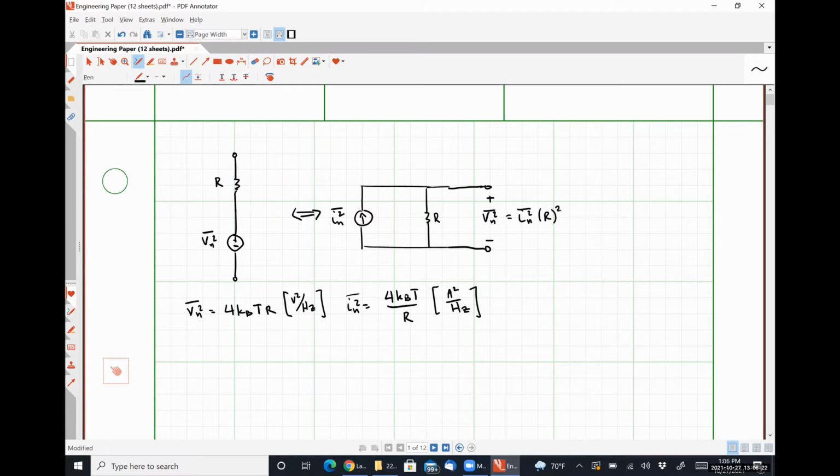And it goes back to that statement that I had made earlier about the input noise spectral density multiplied by the square of the transfer function gives us our output spectral density here, right? So the transfer function of this simple network containing a resistor is the resistor value itself.